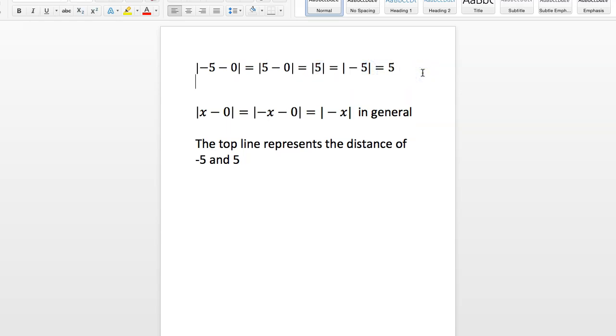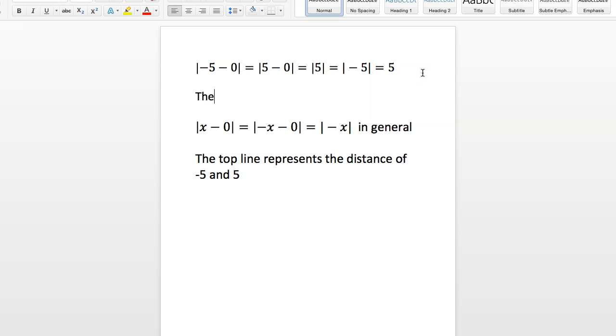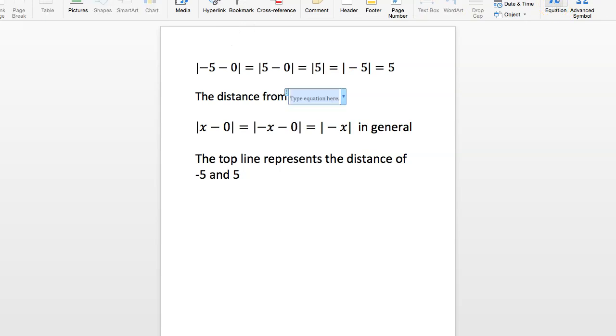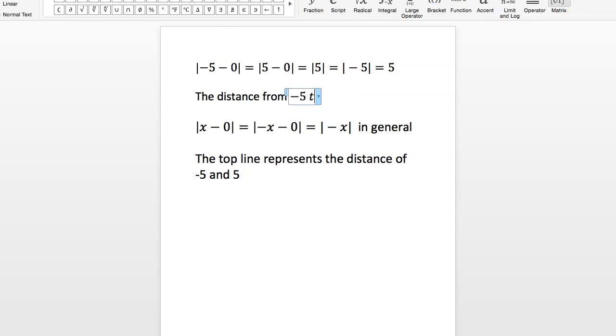So in other words, the distance from negative 5 to 0 is 5.